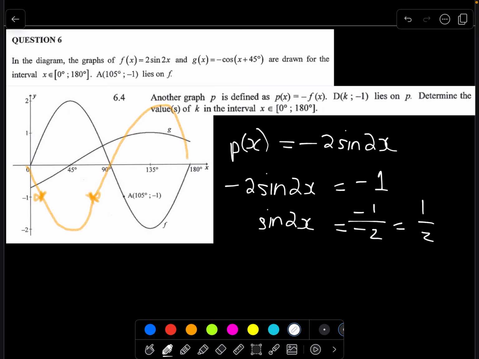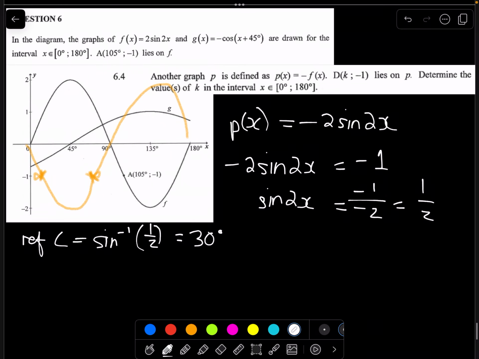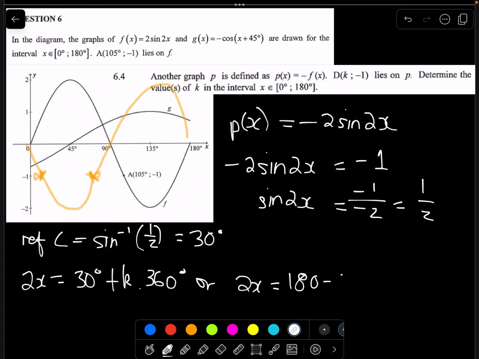Right, so then our ref angle would be inverse of sine of a half, which is 30 degrees. So then, because we're dealing with sine 2x being a positive number, either 2x is equal to 30 plus k 360, or 2x is equal to 180 minus 30 plus k 360, and k is some integer.